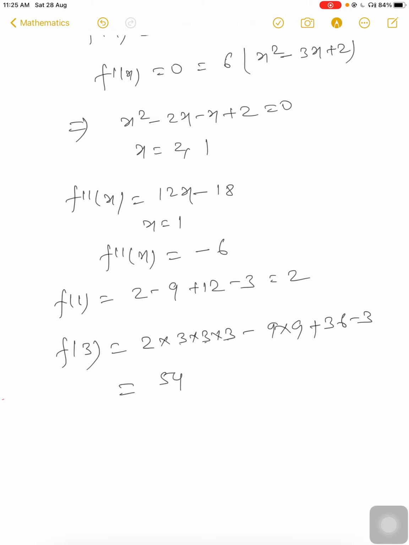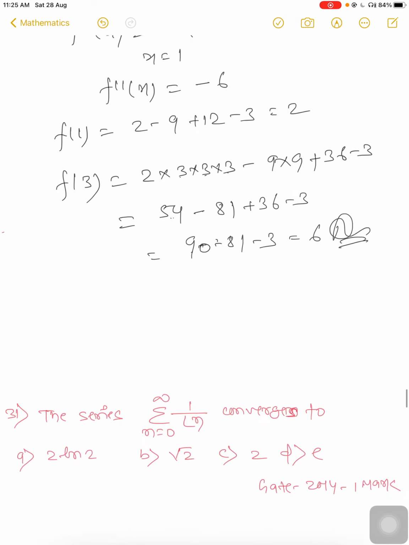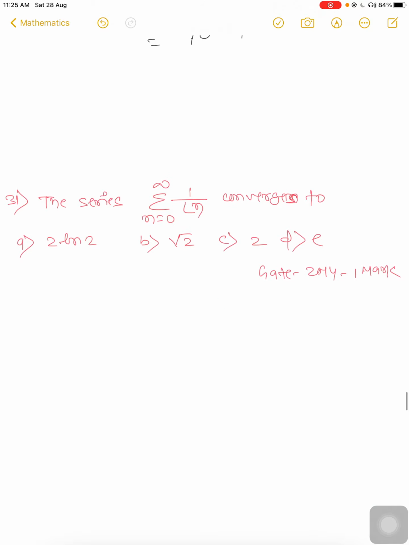Then you will get 54 - 81 + 36 - 3, which gives 6. So the right answer value is 6. You have to take it up to 3 as the maximum.